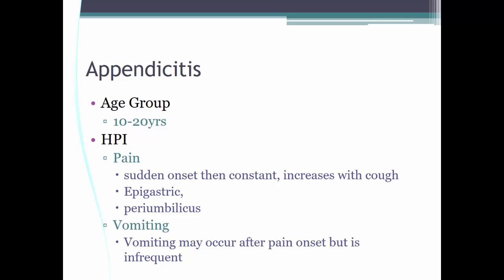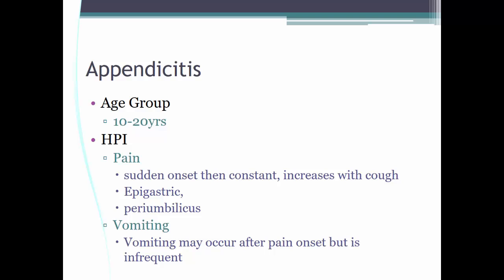Basically, the obstruction leads to distension, bacterial overgrowth, ischemia, and inflammation. If it's left untreated, it could cause perforation, necrosis, and even gangrene. If the perforation is contained by the omentum, then an appendiceal abscess results, otherwise peritonitis. So let's go through the signs and symptoms.